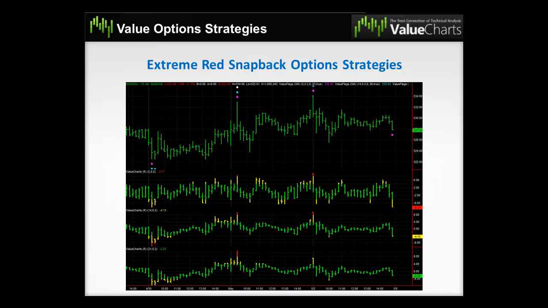I'm going to use an indicator called the ValueCharts price window to flag these trading opportunities that evolve over time. What's really exciting about this type of trading opportunity is that there are a lot of different permutations to it, so there are a lot of different ways you can use this in your trading, and it is extremely powerful and one that you definitely want to have in your trading toolbox.